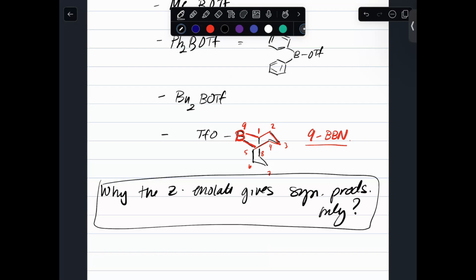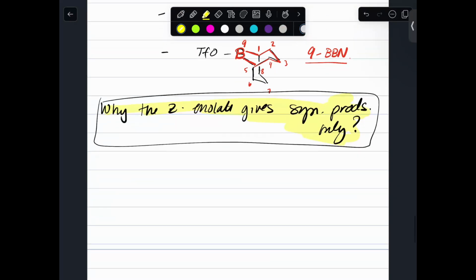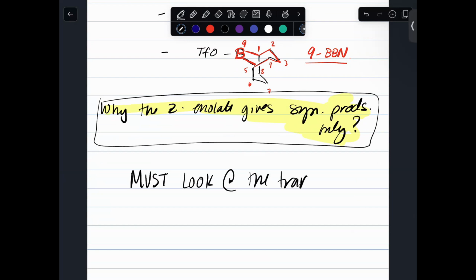And then we'll move on to why the E-enolate gives anti products only. In order to understand why the Z-enolate only gives syn products, we must look at the transition state of the reaction.